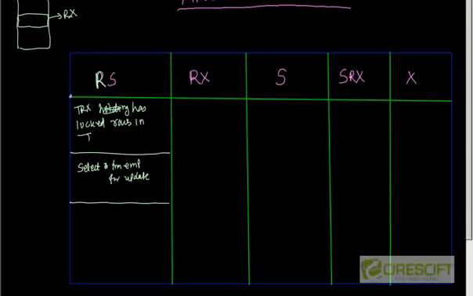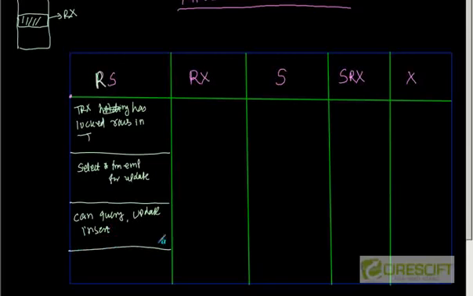If you have this RS lock on the table, other sessions from other transactions can query, and also update or delete other rows except this row, because this row is holding an RX lock on top of that. Therefore this row is not eligible for any further update, but other rows can be updated.